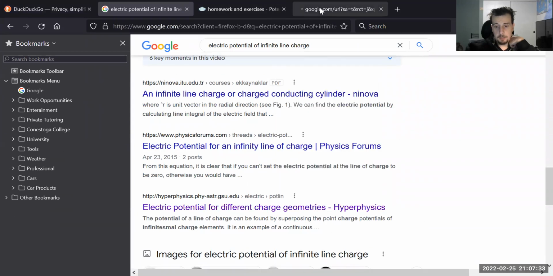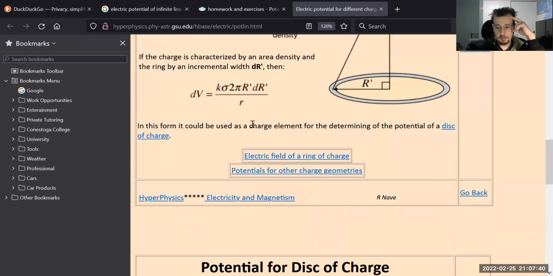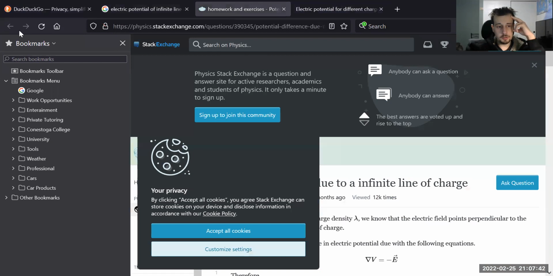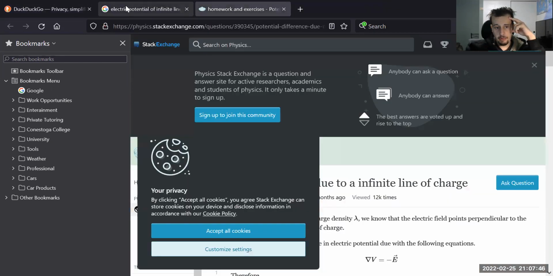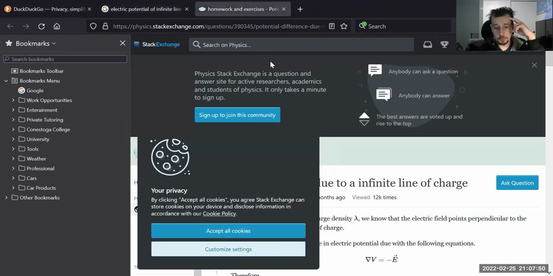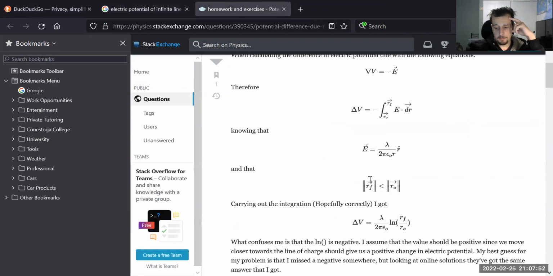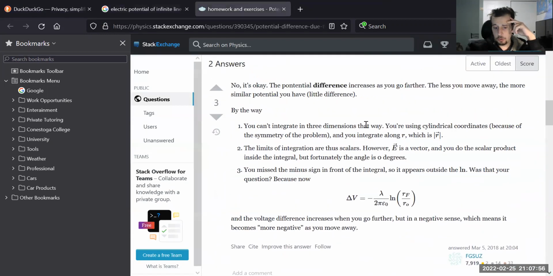There we go. Maybe HyperPhysics is good too. Okay, so potential, this is a finite line. I should have mentioned this is infinite. Damn it. I did mention it though. Nice, Google. Okay. Oh, there we go. So what's going on?